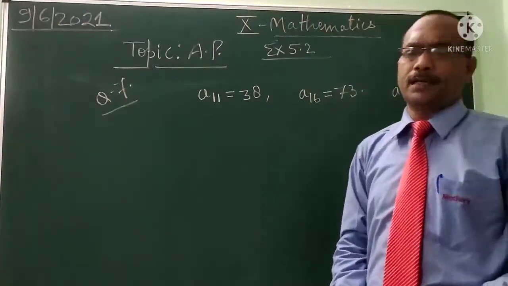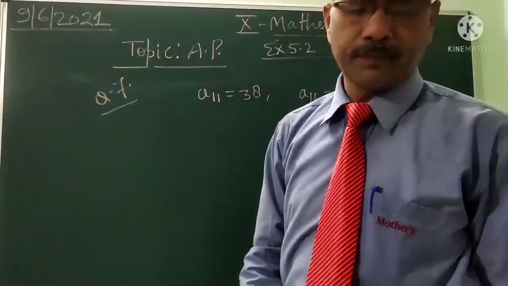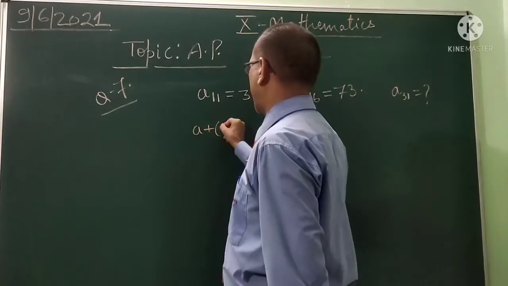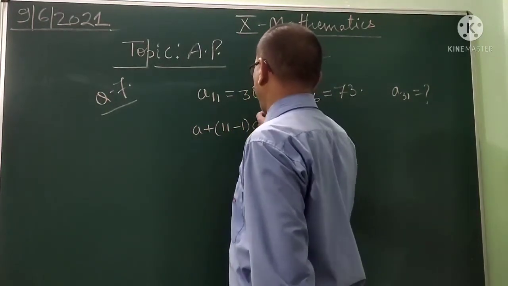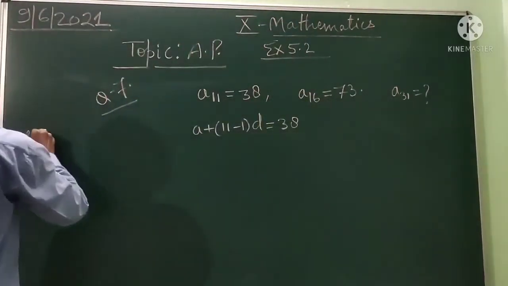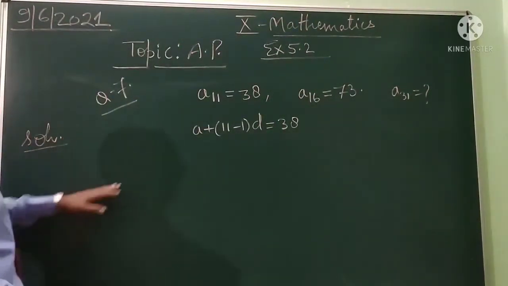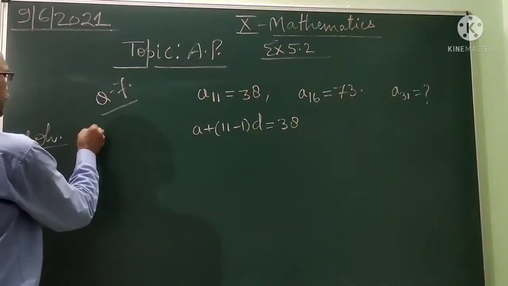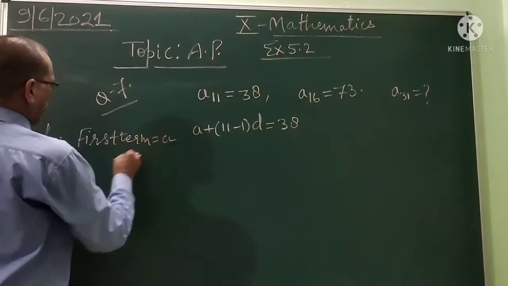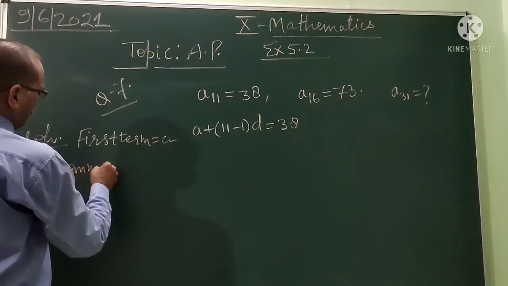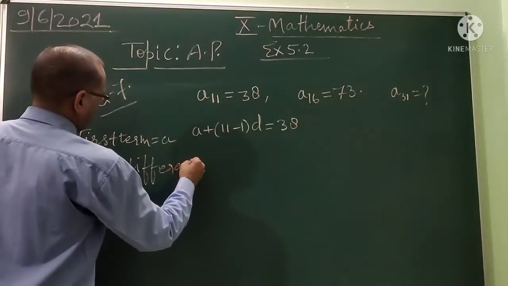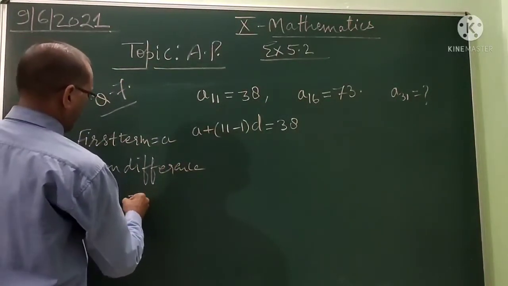It's a good question. Here, a11 means a plus 11 minus 1 into d equals 38. Student, let the first term be a and the common difference be d.